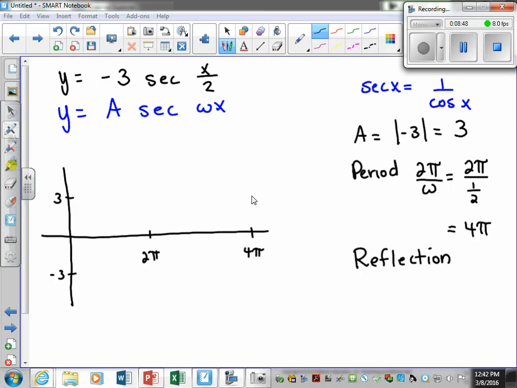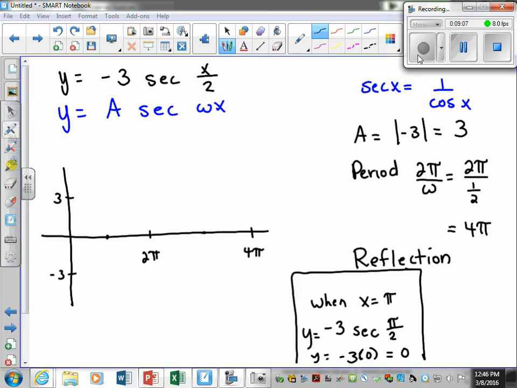The other thing is by my vertical asymptotes, by my domain for secant x, is going to be all real numbers except odd multiples of pi over 2. So odd multiples of pi over 2 are going to be vertical asymptotes. So that's roughly for the parent graph, but in this case we have some shifts and things going on.